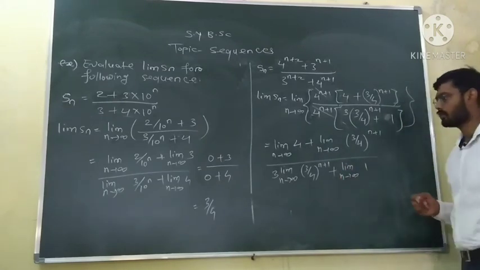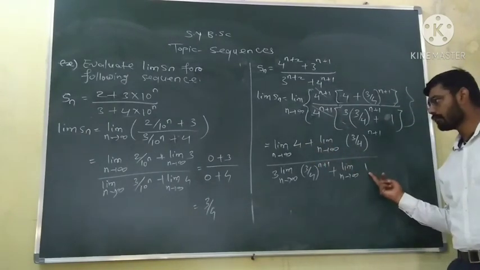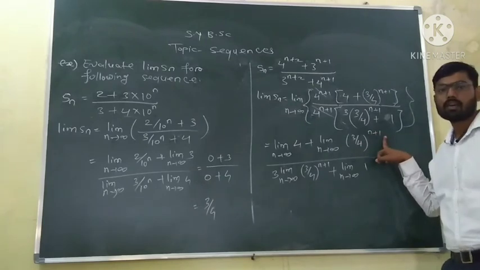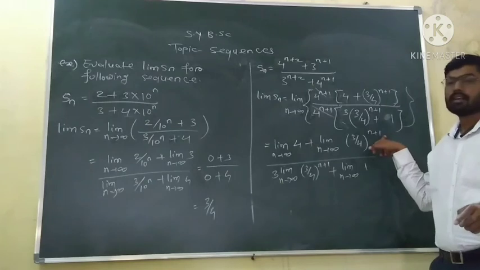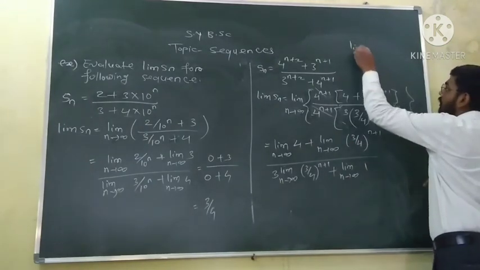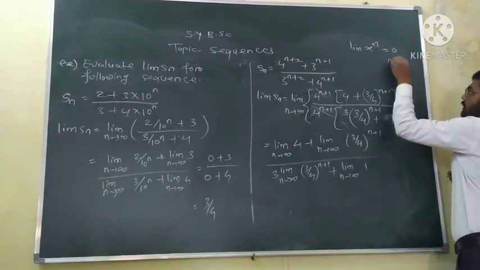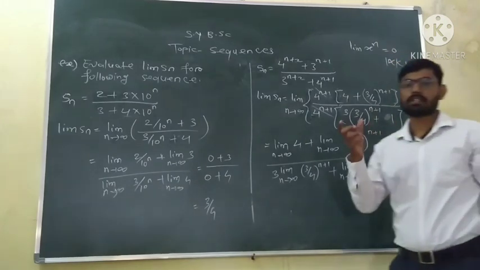1. Now see here, the limit of 4 is 4, the limit of 1 is 1. But what about the limit of 3 by 4 raised to power n plus 1? We have seen in this lecture that the limit of x raised to power n is equal to 0 when the value of x lies between minus 1 and plus 1.